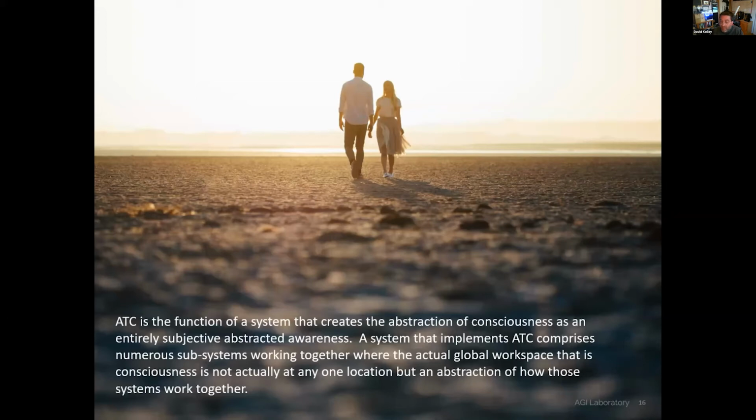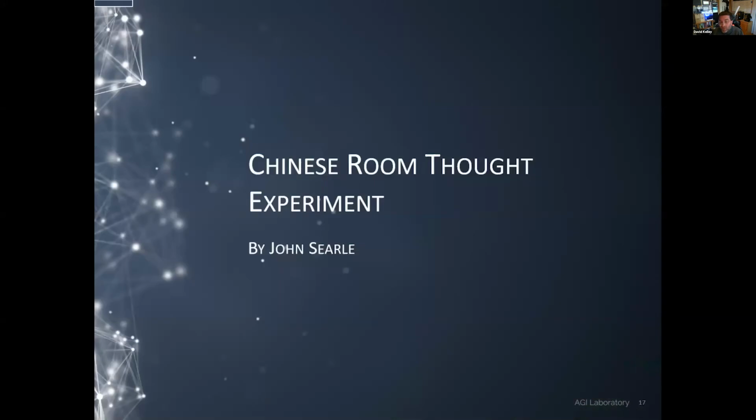Meaning a system that implements this comprises numerous subsystems working together, where the actual global workspace that is, quote unquote, arguably conscious is not at any one system or any one location in the system, but an abstraction of how those things work together.